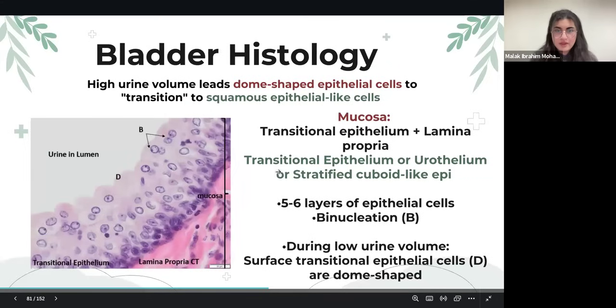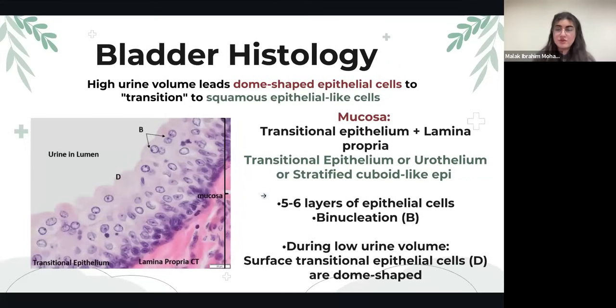Okay. Now, the bladder histology is also where we're going to discuss when the transitional epithelium transitions into a flat epithelium. Normally, your transitional epithelium would be dome-shaped because it wants to allow the bladder to distend and store all this urine. And so when your bladder is full of urine and it's distended, these dome-shaped epithelial cells that we talked about transition and become squamous.